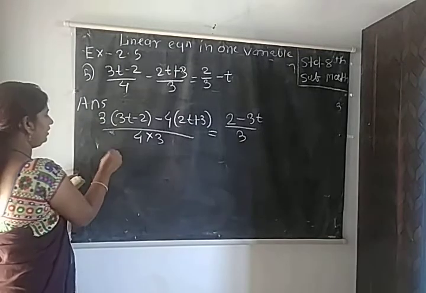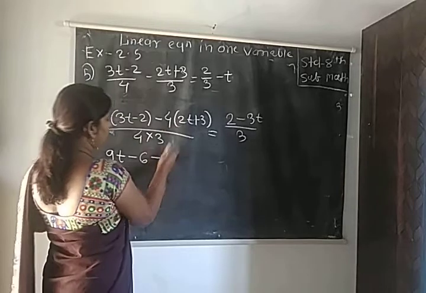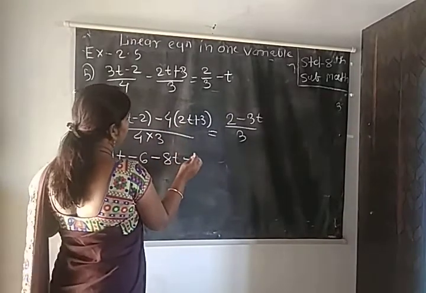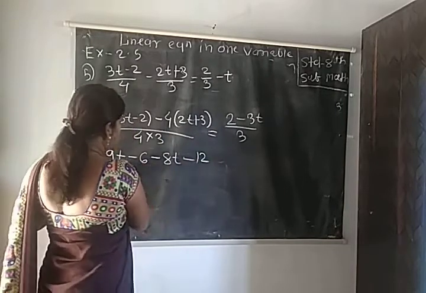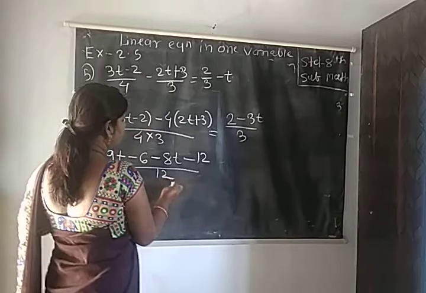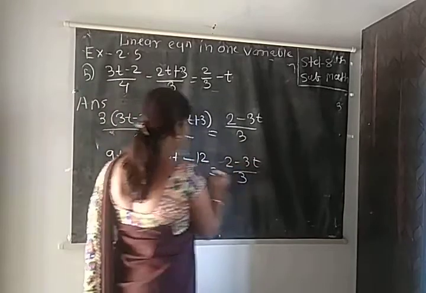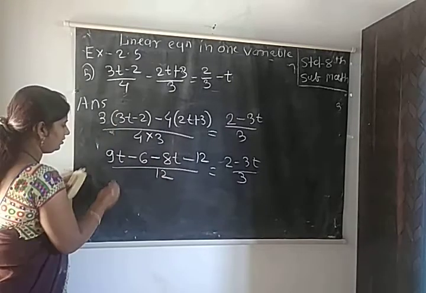And then solve this. 3 times 3 is 9t, minus 3 times 2 is 6, minus 4 times 2t is 8t, minus 4 times 3 is 12, and the denominator 4 times 3 is 12, then (2 minus 3t) upon 3. Now solve this. 9t minus 8t, what is the answer?